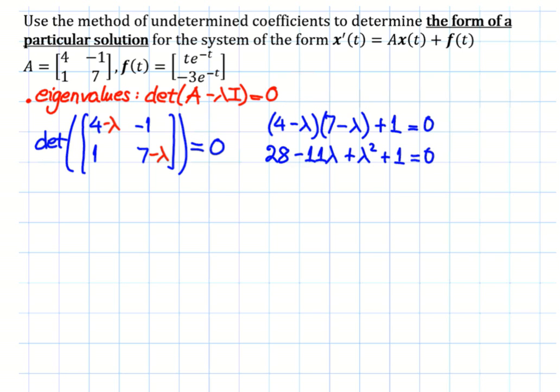So we have the equation lambda squared minus 11 lambda plus 29 equal to 0.